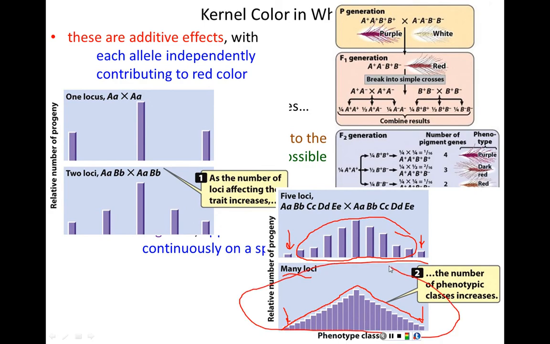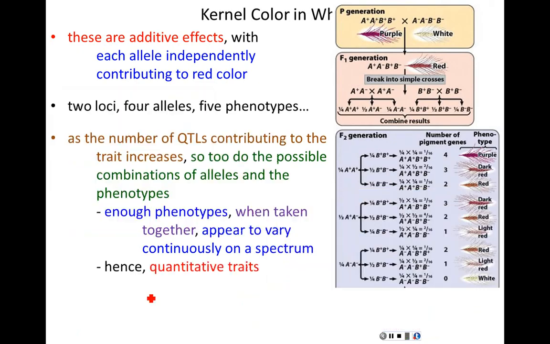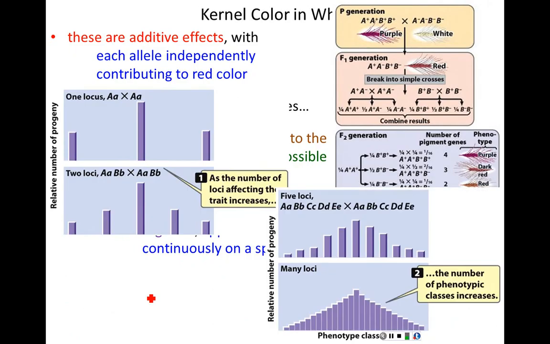This is a quantitative trait. This is the hallmark of a quantitative trait, and it is due to nothing more than many loci contributing to a trait additively, where each positive allele influences the trait, and there's no true dominance or recessivity. So enough phenotypes taken together appear to vary continuously on a spectrum.